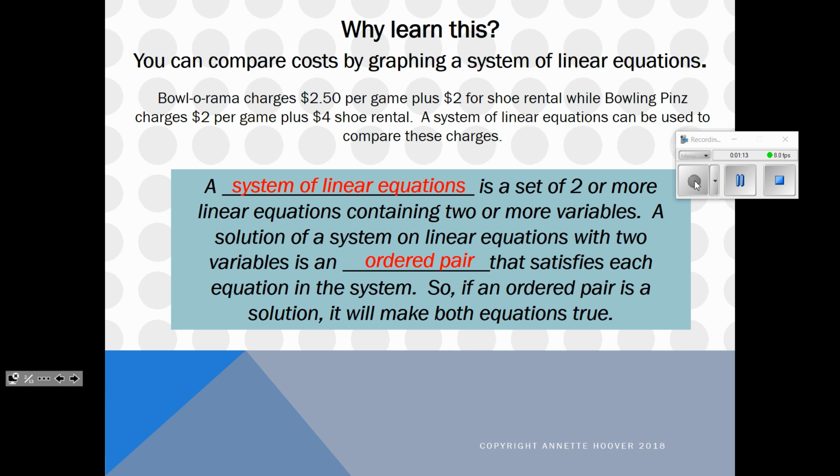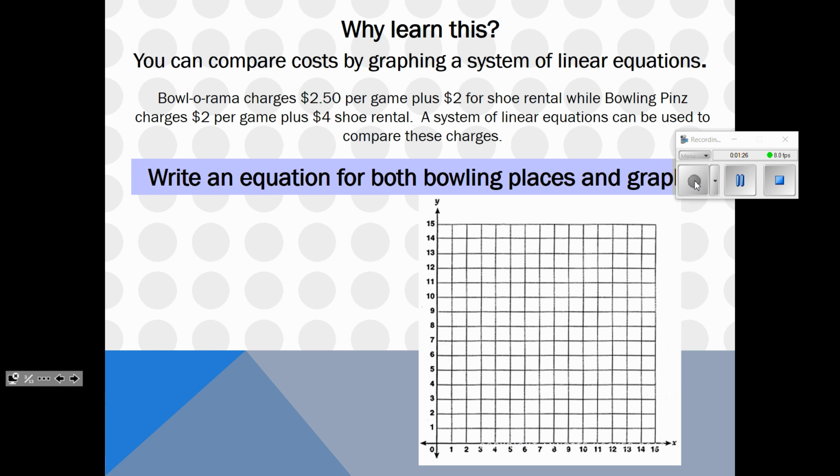So what that is saying is that the solution is where the lines cross. So you graph the two lines and look for where they cross or where they share, and that is the solution.